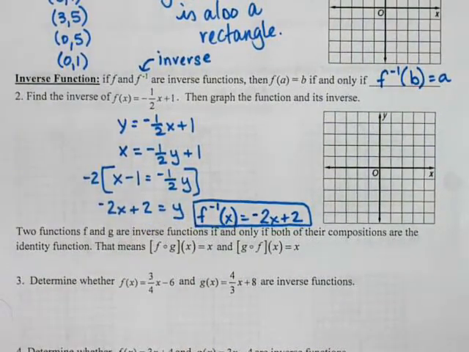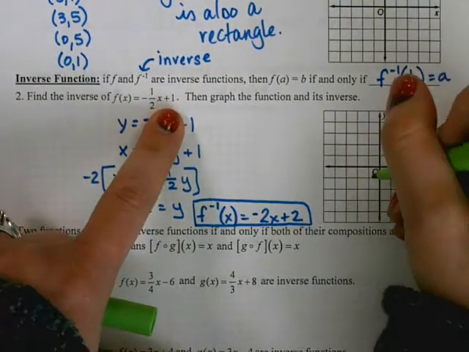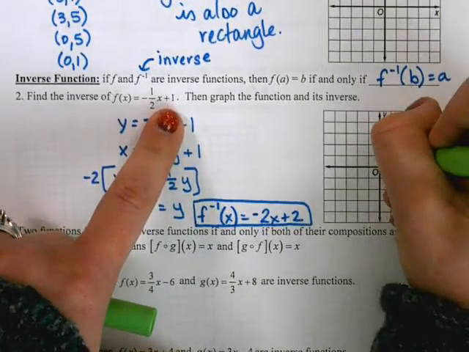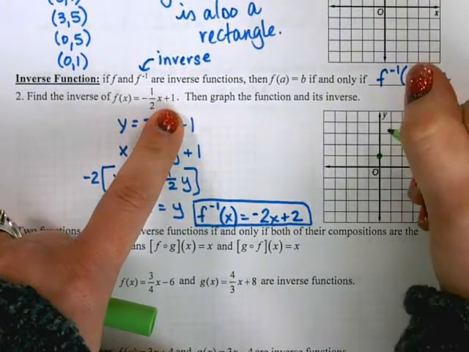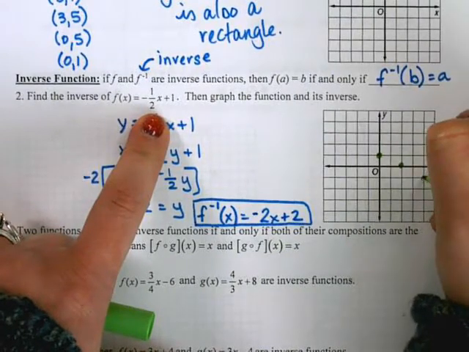Now it says then graph the function and its inverse. Okay, well the function they gave me at the beginning was negative 1/2 x plus 1. That's in slope-intercept form, so I'm going to start at positive 1. And my slope is negative 1/2. Down 1, right 2. If you go to the right, you're always right.